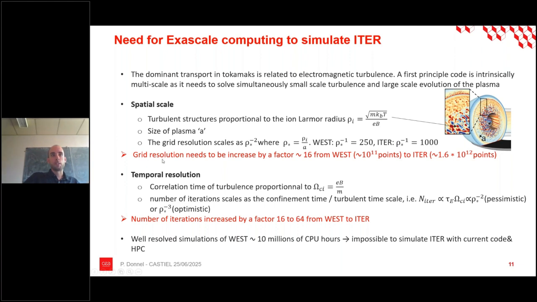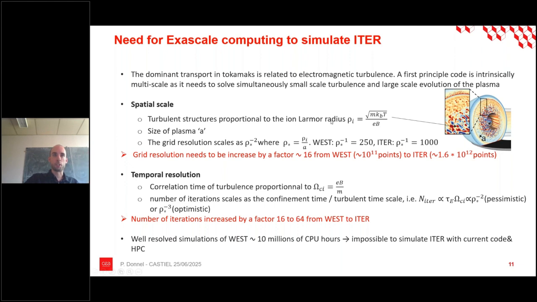And so it means that just to resolve this 2D plane with the turbulence, we need to increase the grid resolution by a factor of 16 to go from a West case to an ITER case. And already for a West case, we needed 10 to the power 11 points. So it's starting to be a really huge number of grid points.